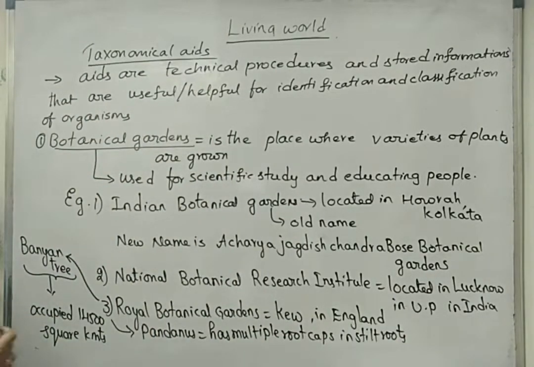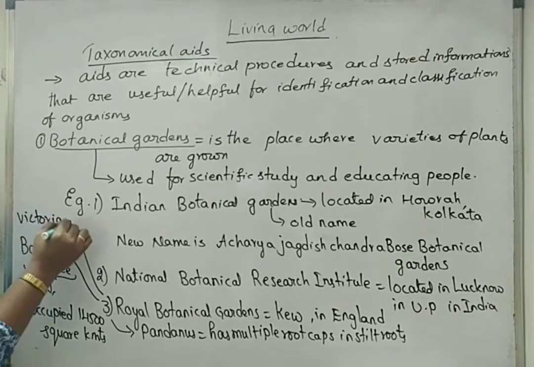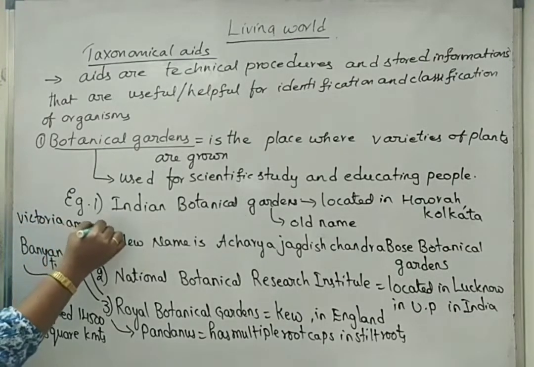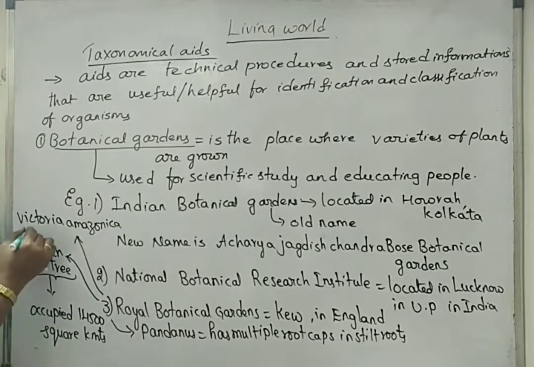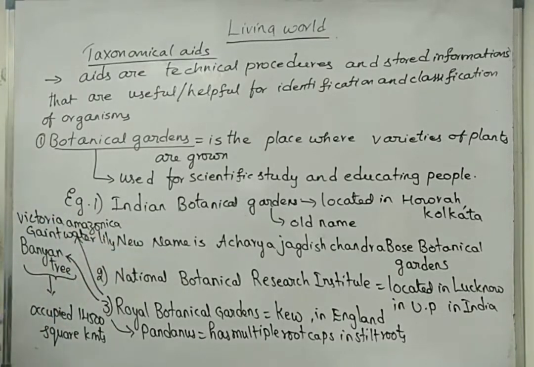Next, another plant in Royal Botanical Gardens, which later spread to different areas, is Victoria amazonica. It is considered the giant water lily. Victoria amazonica is its biological name. We call it the giant water lily. It was present in Royal Botanical Gardens initially. Now it has spread to different areas.